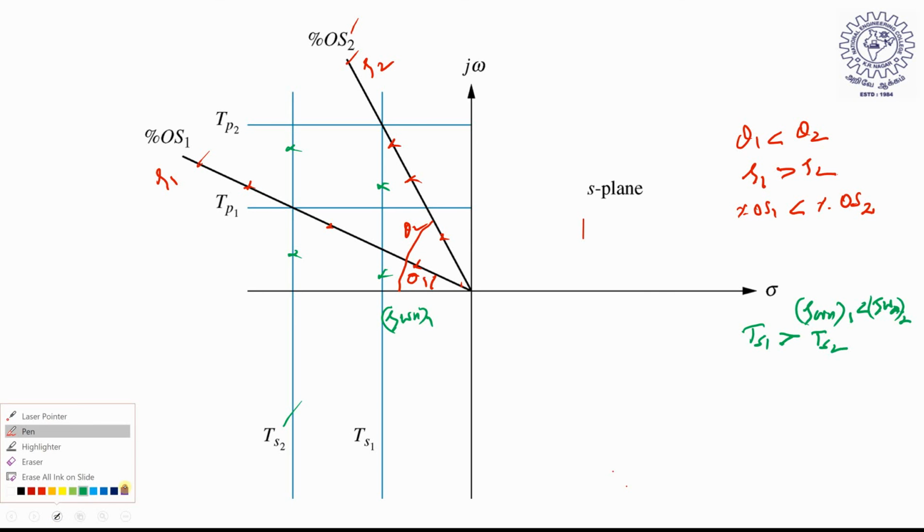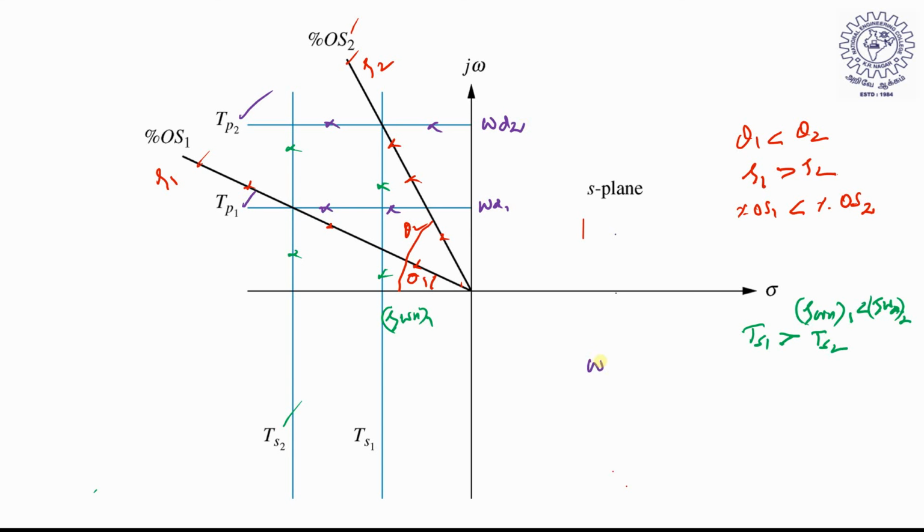And another piece of information is about the same imaginary part. If any pole lies here, they have the same peak time TP1. If any poles lie here, they also have the same TP2. What is the difference between TP1 and TP2? We can consider this as omega D1 and this as omega D2.